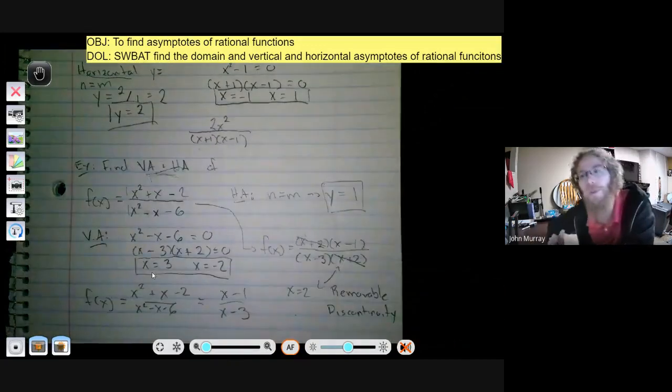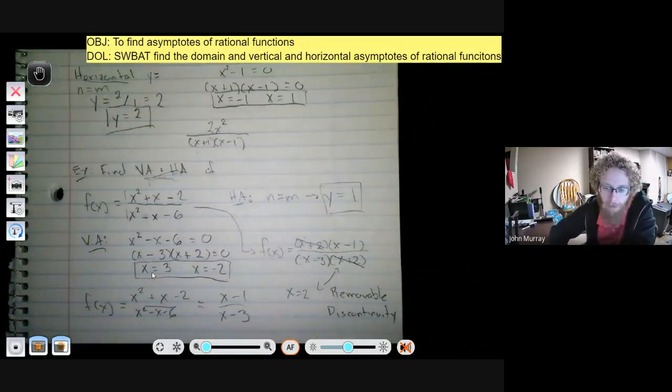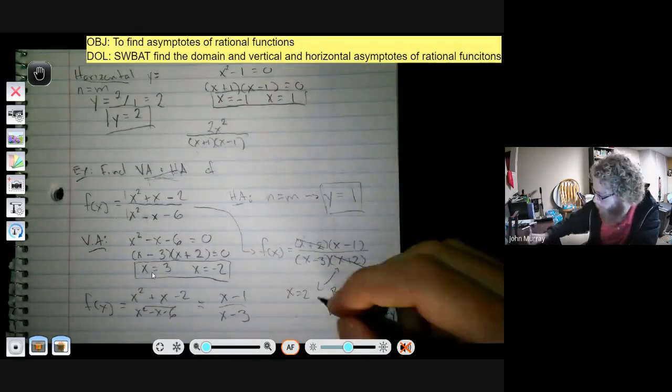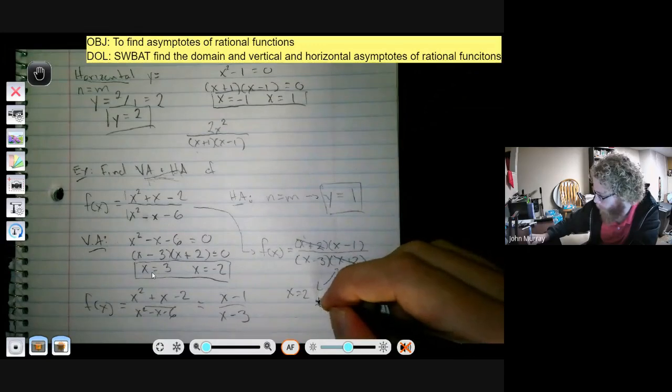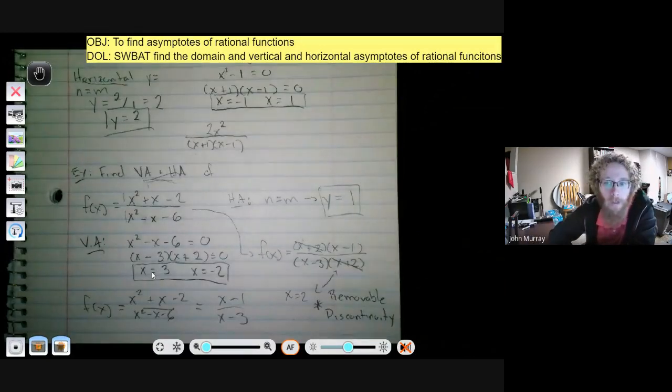We call that a removable discontinuity. All right, so that is a special feature of our rational functions.